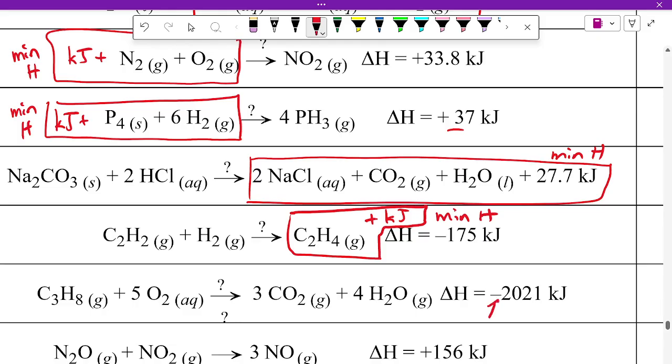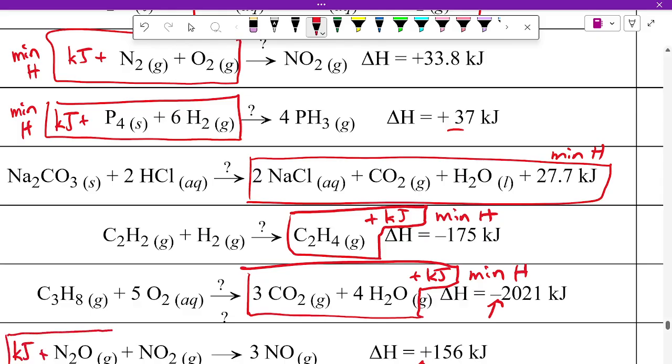Another negative delta H, so that means kilojoules are in the products. So there's another minimum enthalpy. And finally, we have a positive delta H, which means our kilojoules are in the reactant. So that is our minimum enthalpy.